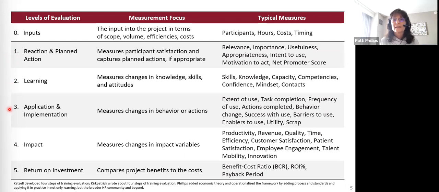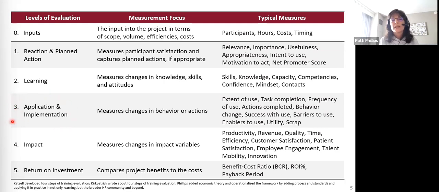Application data tell us the extent to which people are doing it. So this is the follow-up evaluation to see if people are applying the knowledge, skill, information, and insight that we want them to, and if they're applying it the way we want them to. So here at application, we may look at behavior change. We may look at actions completed, at processes implemented, at performance or procedures that are implemented. The key is, are people doing what we want them to do?